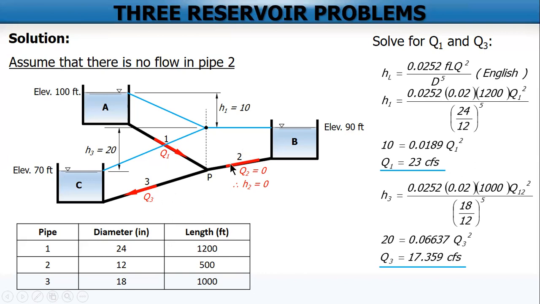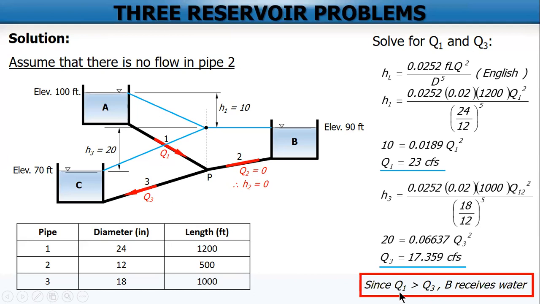So therefore, B will receive water, because Q1 is bigger than Q3. It is assumed that some of the discharge will go to B. In the case where Q1 is less than Q3, it means that some of the discharge comes from B, since Q3 is bigger than Q1.